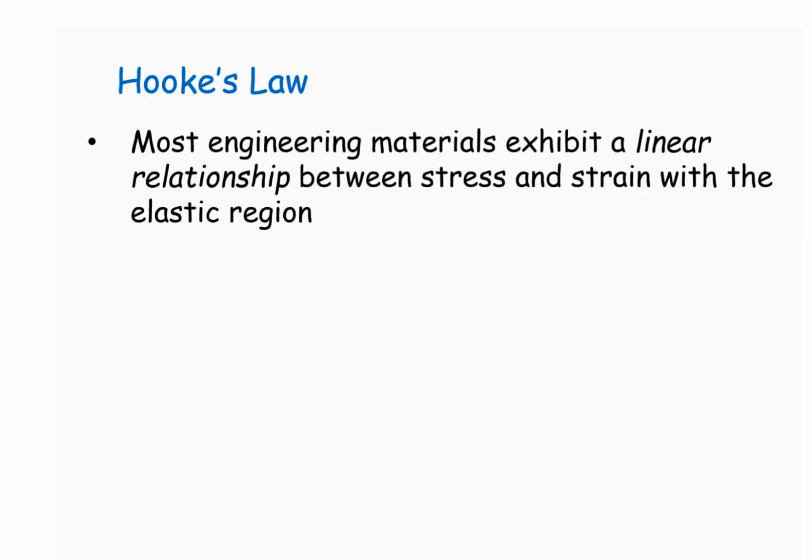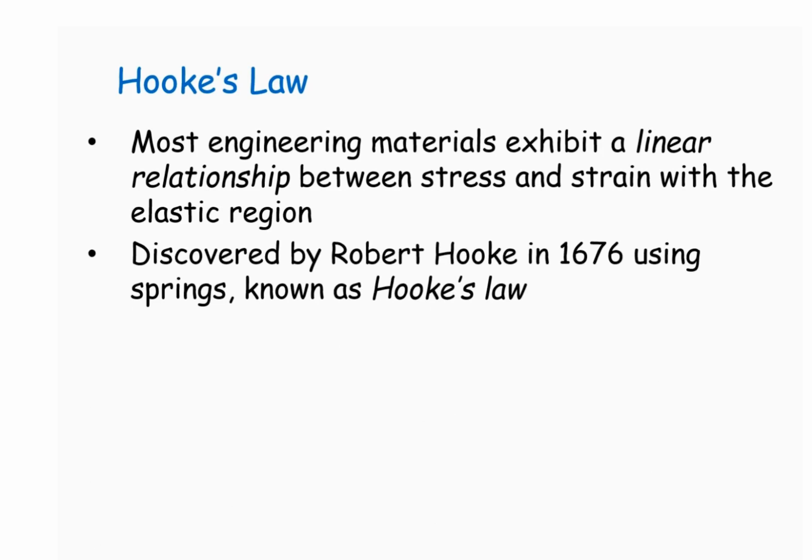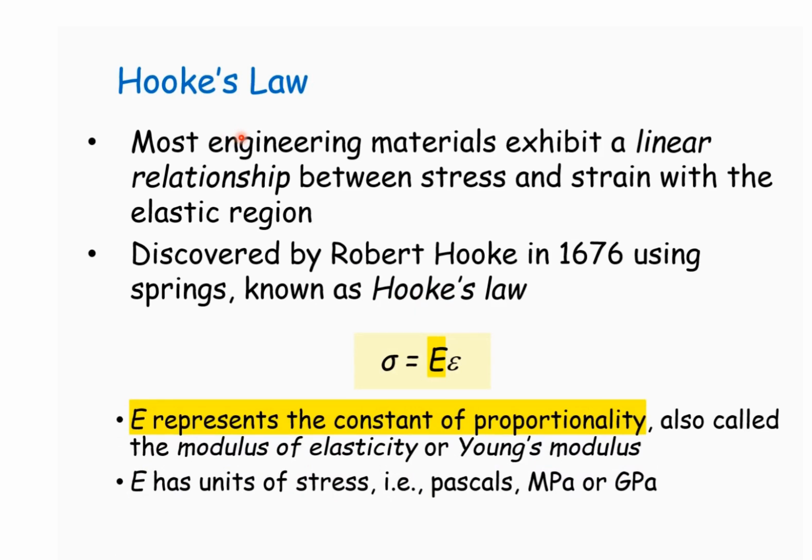And I think we already discussed Hooke's law in our previous lecture. Most engineering materials exhibit a linear relationship between stress and strain within the elastic region. Hooke's law was discovered by Robert Hooke in 1676 using a spring. This is the equation of Hooke's law, where E represents the constant of proportionality, also called the modulus of elasticity or Young modulus.